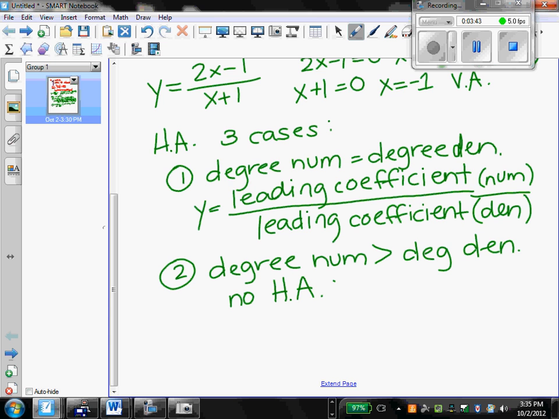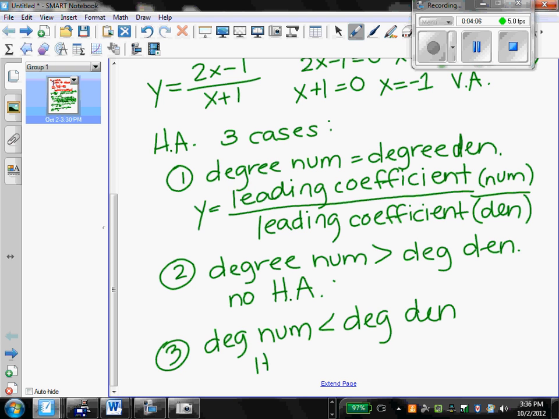So in this case, the limit will always be infinity. Up here, in case number 1, the limit is always going to be the horizontal asymptote. And then the third case is if the degree of the numerator is less than the degree of the denominator. If that is the case, then our horizontal asymptote is always y equals 0.